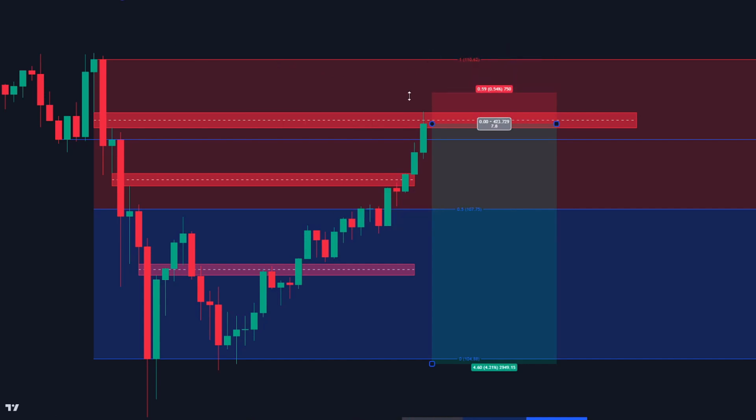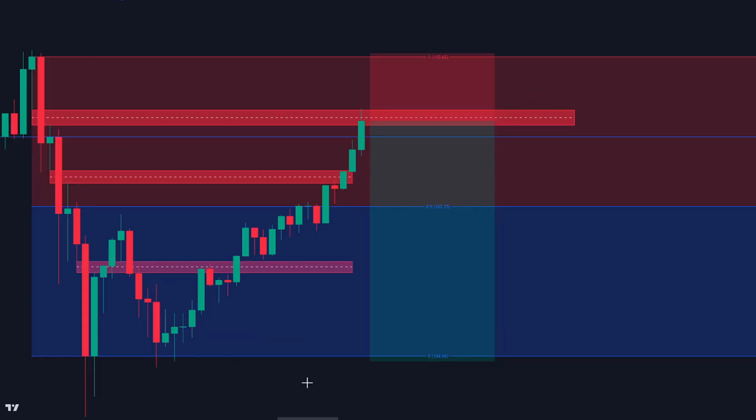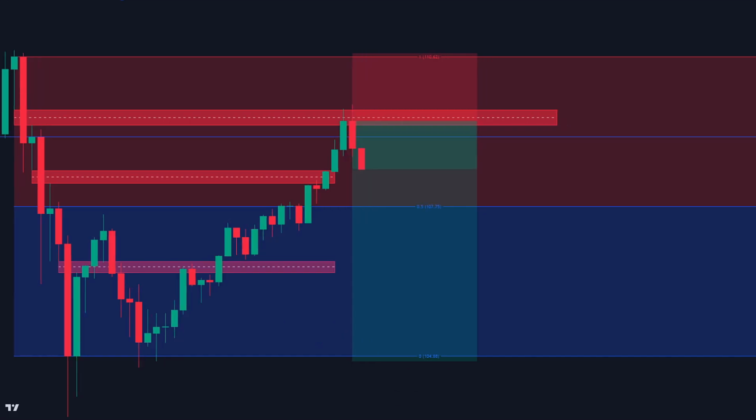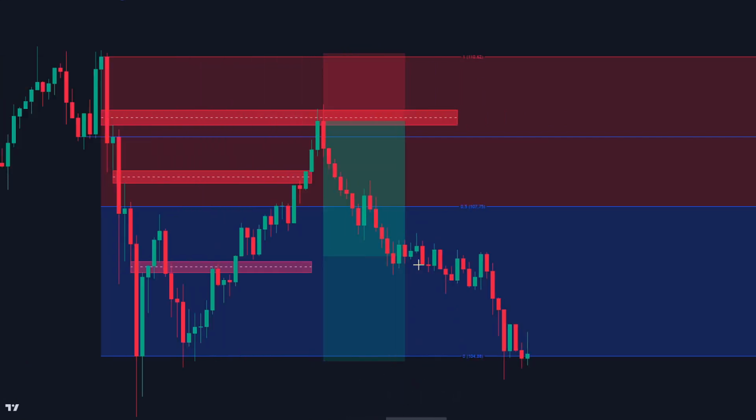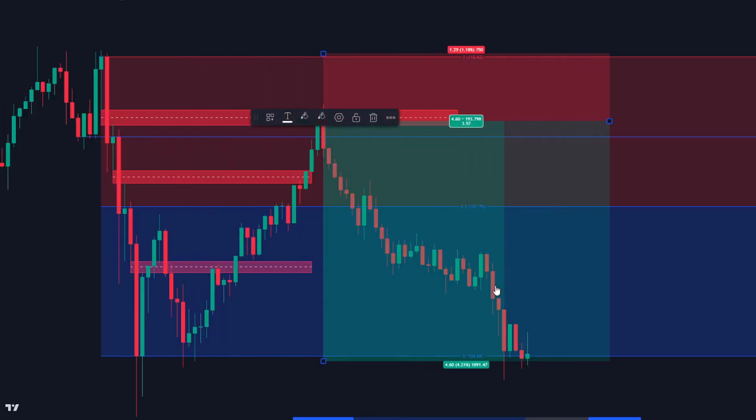So then you probably would prefer to place your stop loss somewhere here. And if you were to take this trade live, you should probably take partials like here, here, or here, just to secure your profits. And let's see what happened next. The price did move down and eventually hit our take profit, which was the latest low.